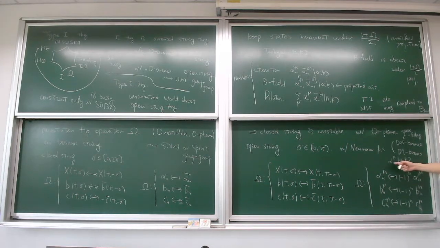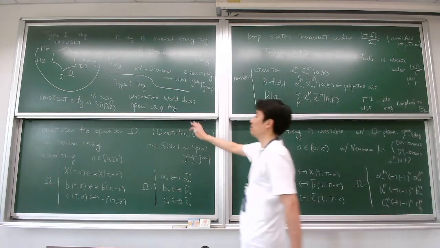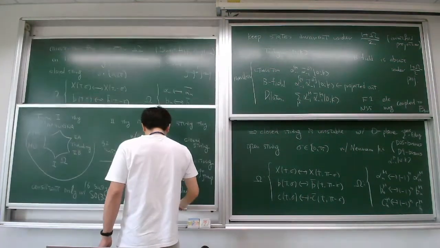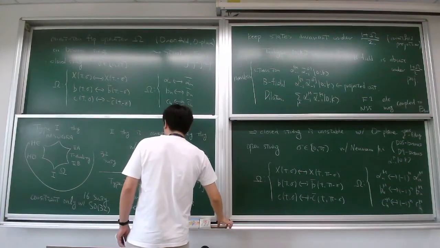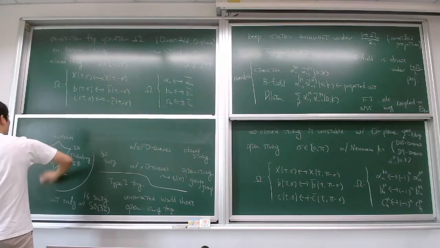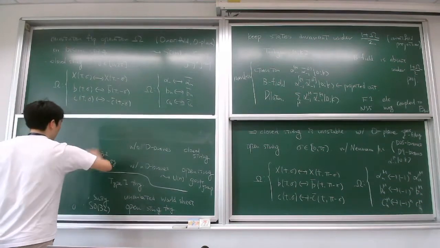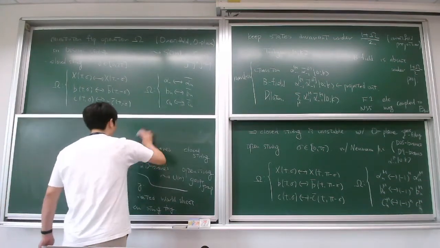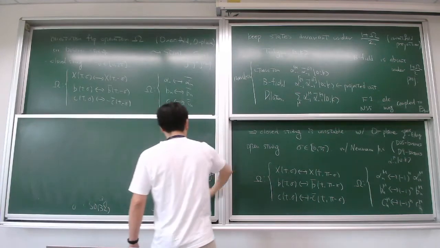But of course, minus 1 gives you a minus sign, so naively you would just project it out. But somehow, quite amazingly, the pioneering people who constructed string theory made it miraculously work.